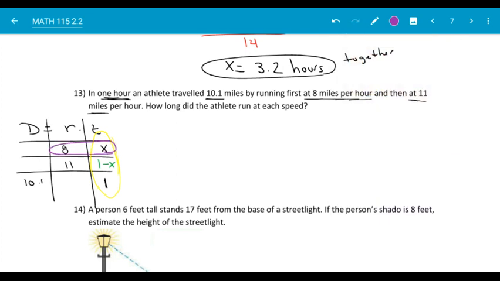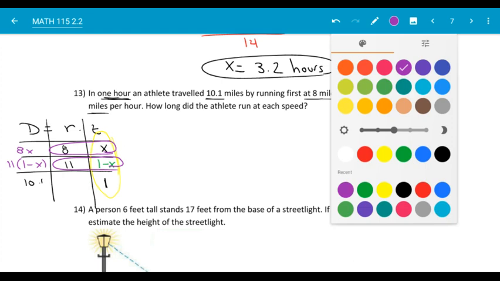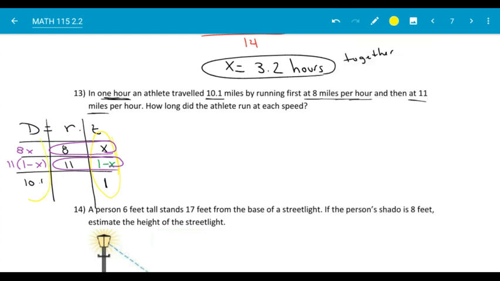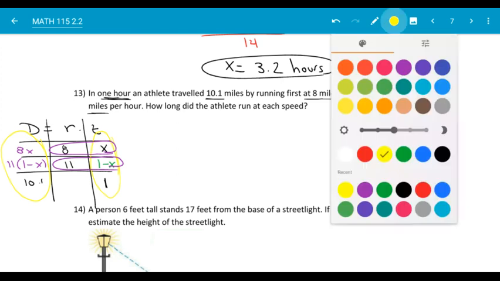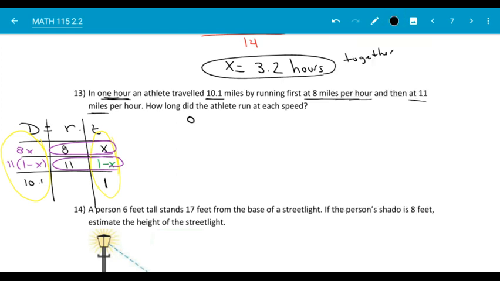multiplying here would give me 8x, and multiplying here would be 11 times 1 minus x. And when I add these rows, we need to get it to add up. So my equation becomes 8 times x plus 11 times 1 minus x gives me that total of 10.1.